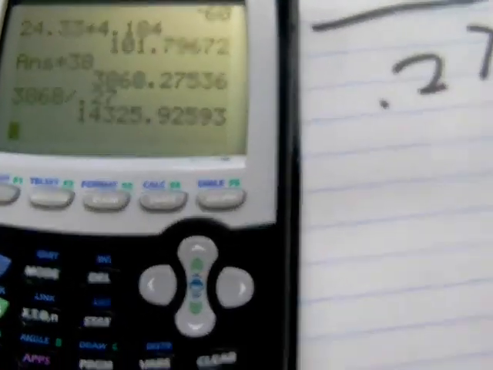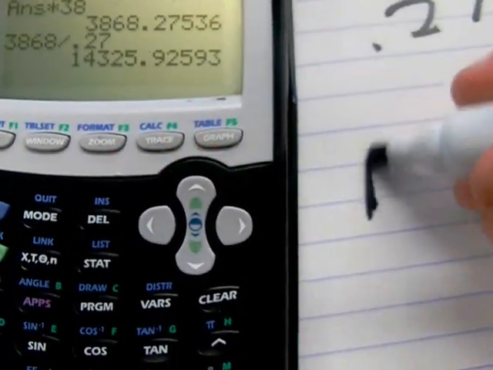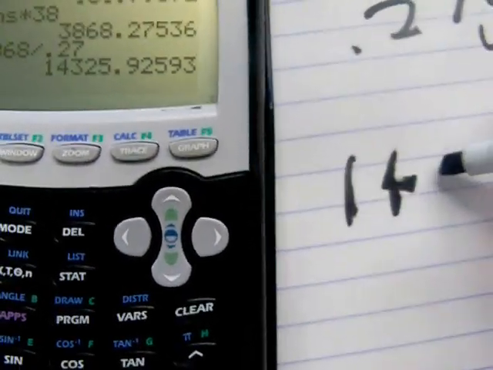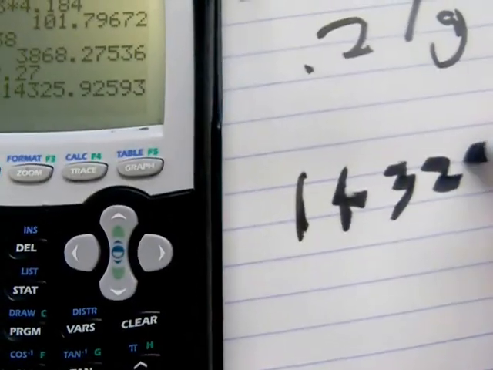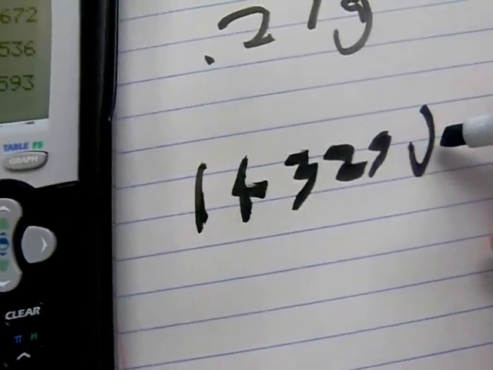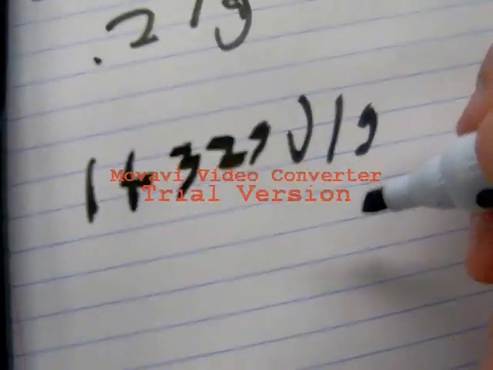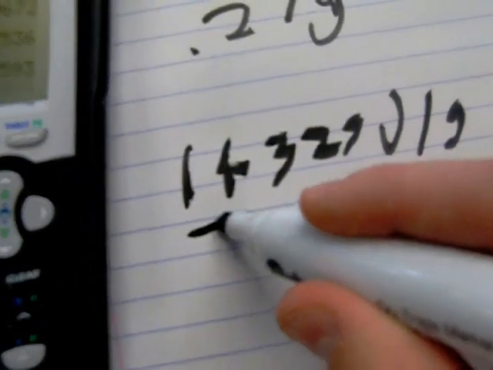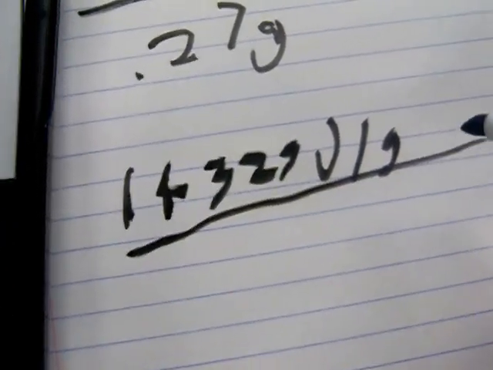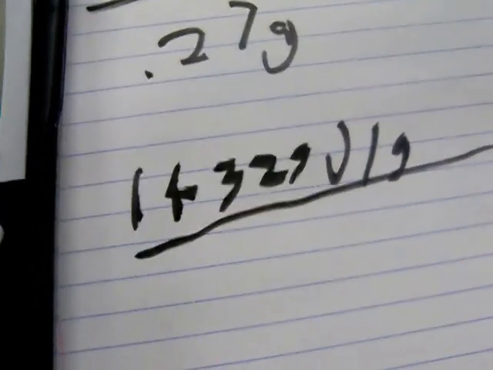And that's how many joules of heat is gained per gram of water. That is 14,325 joules per gram given off by the candle. And that's how you calculate the heat and energy given off by a candle.